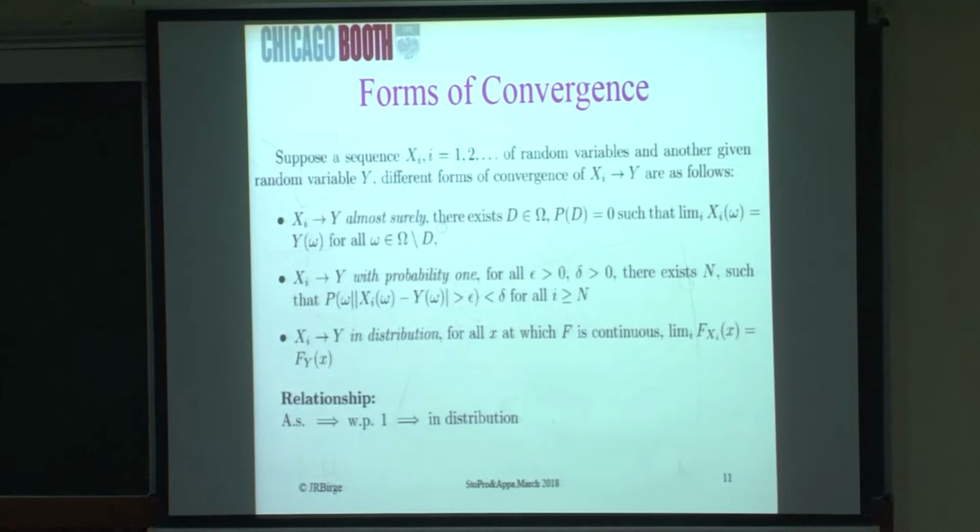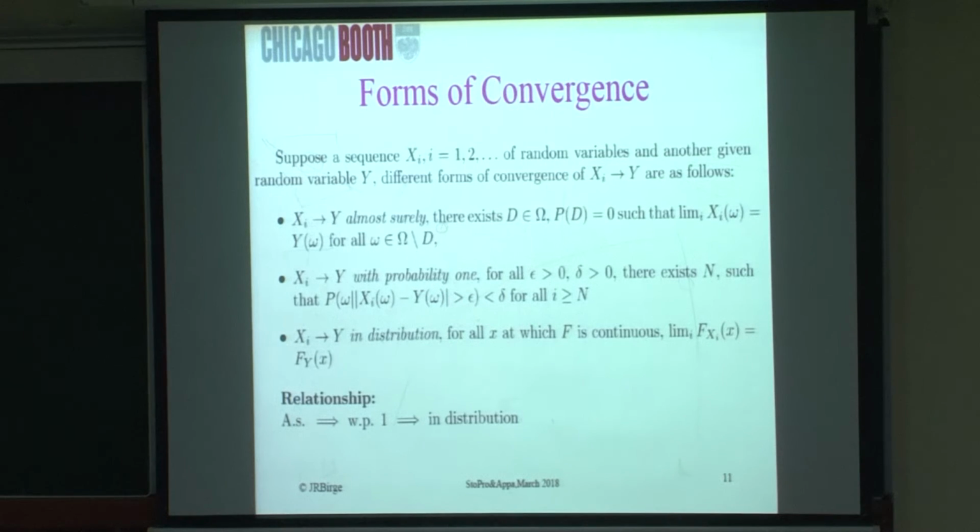It says that the probability that these two things are going to be different by more than some epsilon, that probability is going to go to 0. That's essentially what convergence in probability says. So the probability that these two are going to be different is going to go to 0.